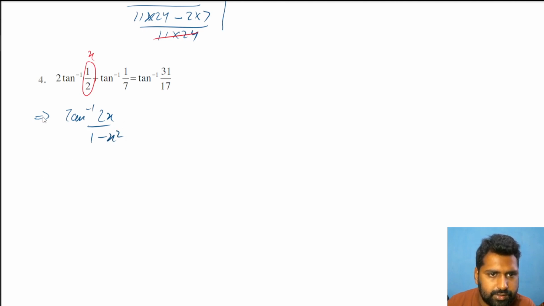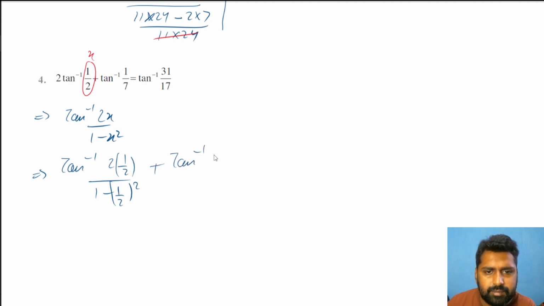So let's use this property. Tan inverse 2 into 1 by 2 upon 1 minus 1 by 2 whole square, plus let's keep tan inverse 1 by 7 as it is, then simplify. This becomes tan inverse 1 upon 1 minus 1 by 4, that becomes 3 by 4. So 4 by 3 will come here, plus tan inverse 1 by 7.